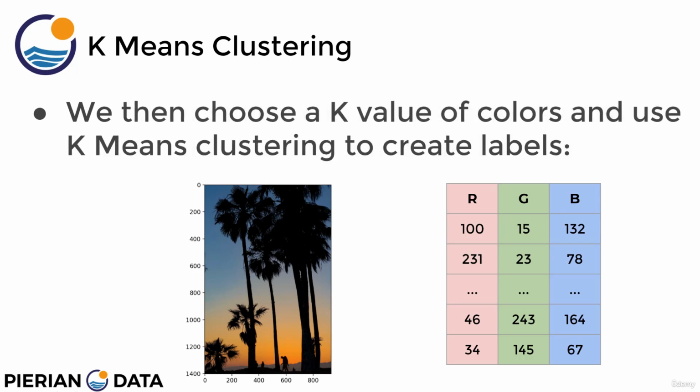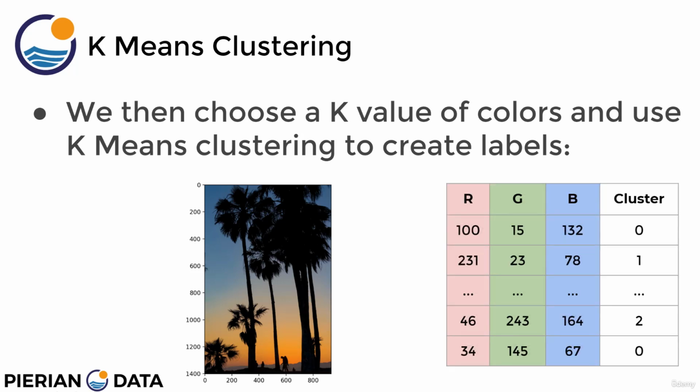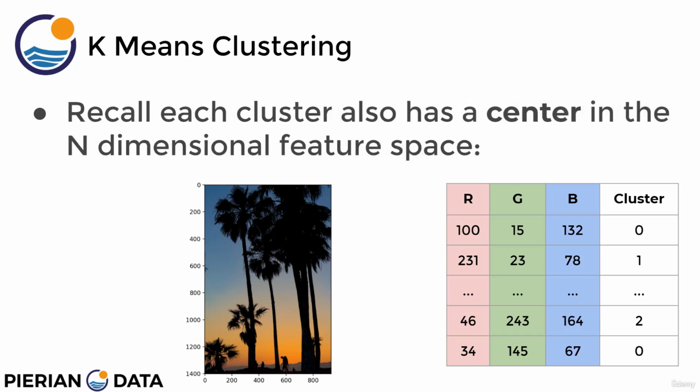We can then choose a k value of colors and use k-means clustering to create the labels. So once we fit k-means clustering to some k, we'll have the actual cluster label assignments. Now this is where the creativity comes in. Recall, each cluster also has a center in the n-dimensional feature space. So for example, this first point of red 100, green 15, and blue 132 has been assigned to cluster 0.